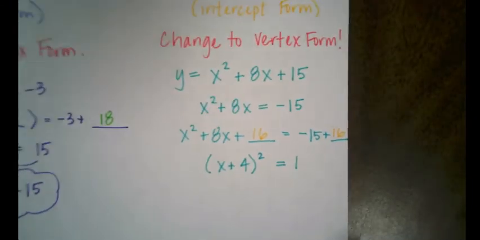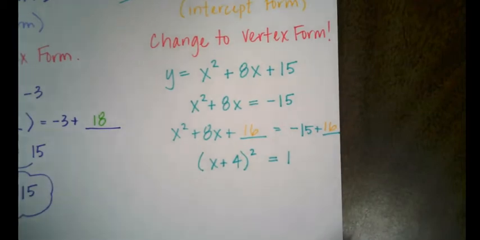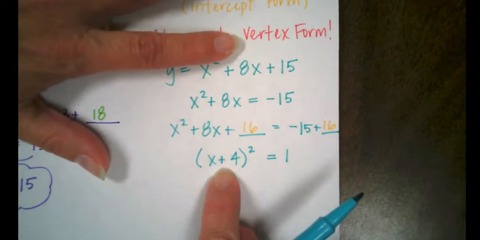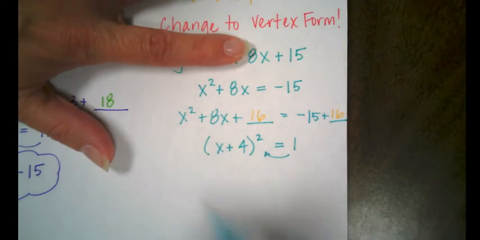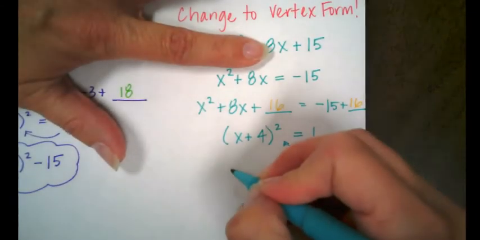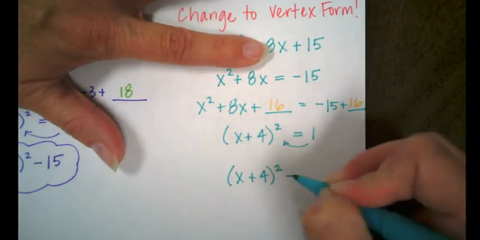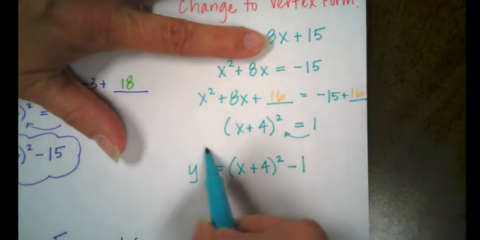This is where we're going to stop because we're not solving for x. We're just trying to write it in vertex form, which has this binomial squared. The last thing we need to do is move this back over, which is our k value. So that would be x plus 4 squared minus 1, and that is vertex form.